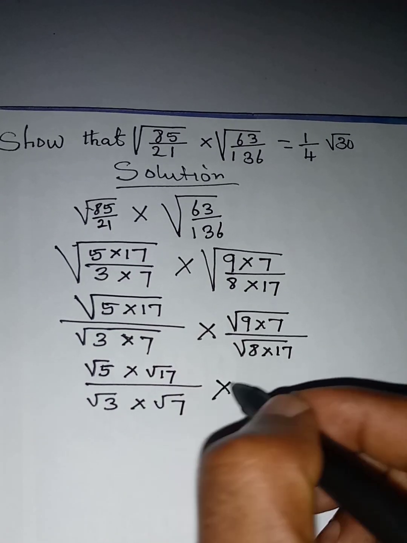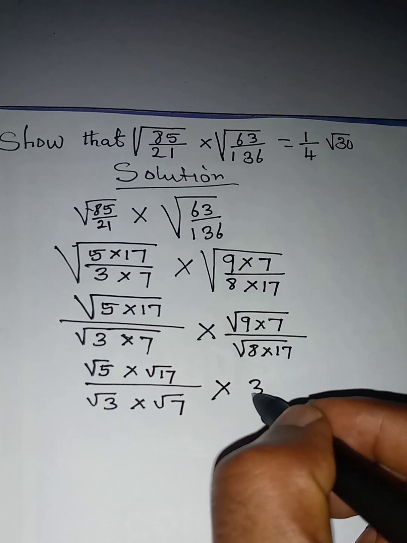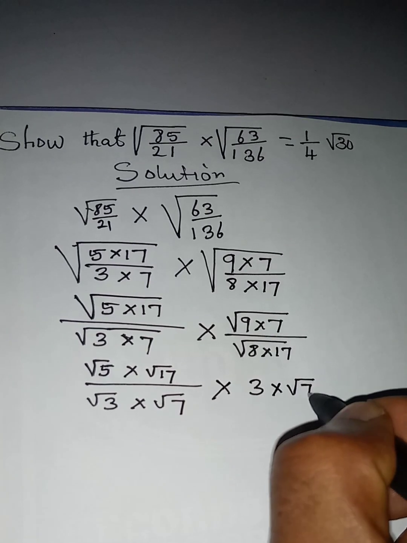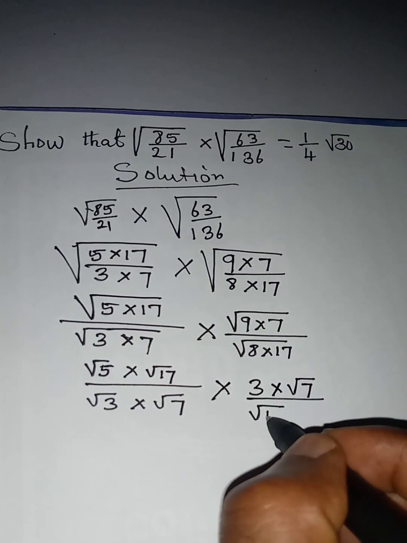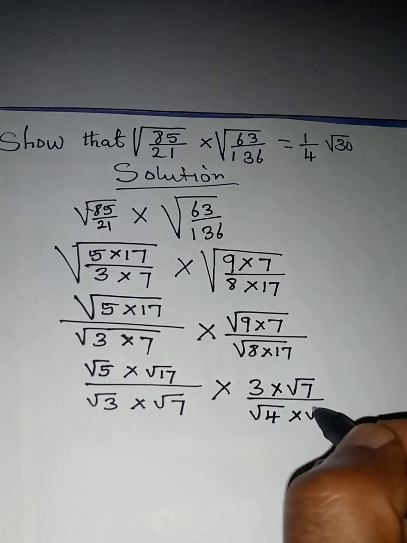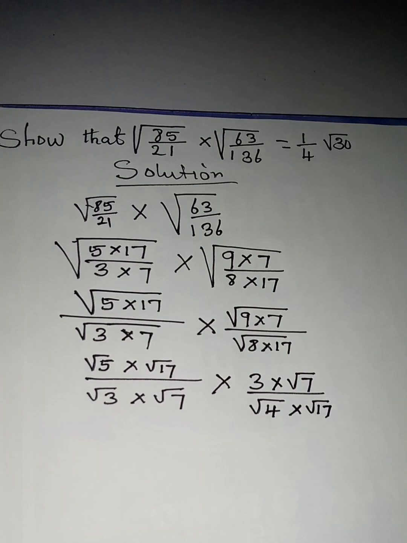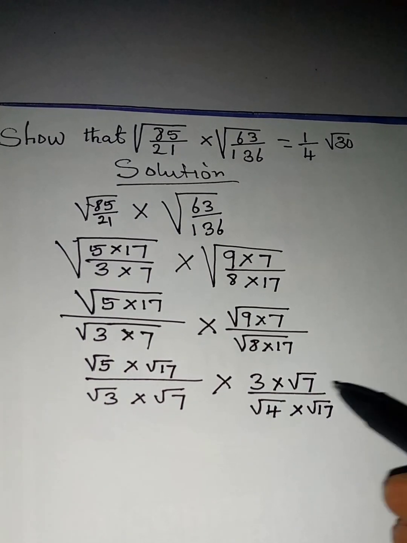Then multiply by root 9, which is 3, then multiply by root 7. Over here we have root 8 multiplied by root 17.